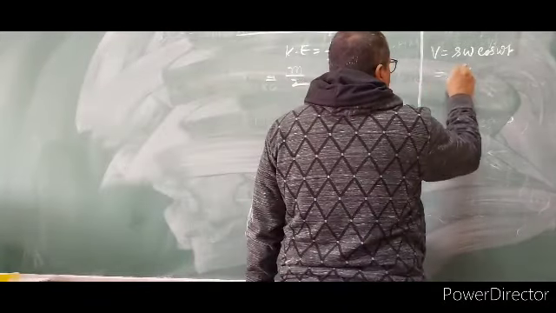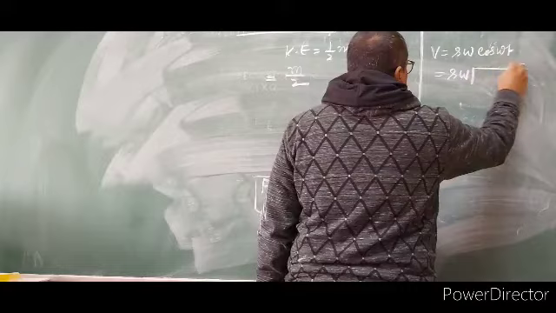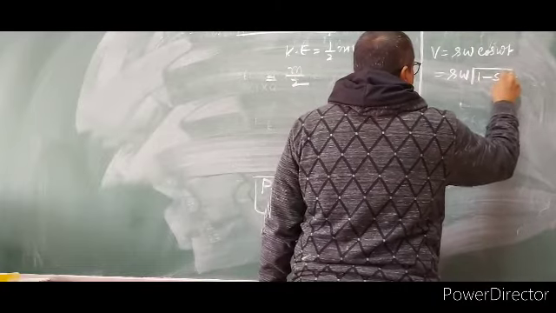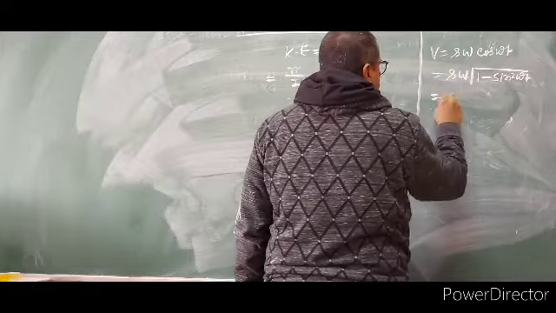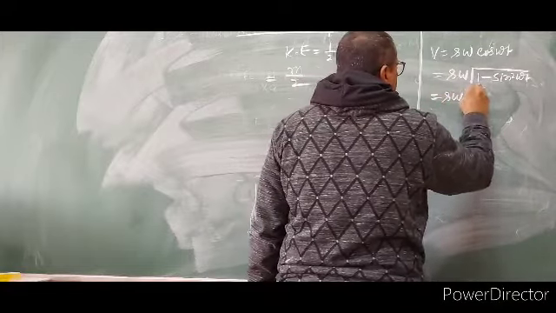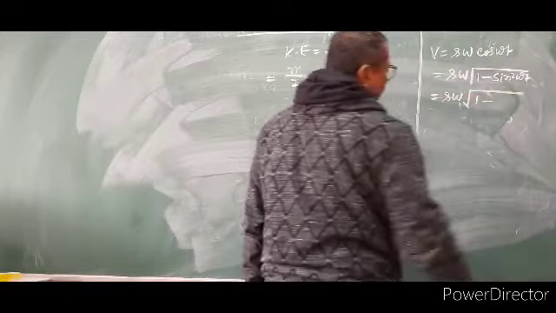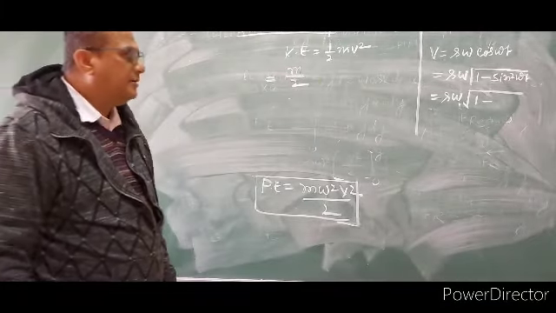In place of cos omega t, we can write the square root of 1 minus sin square omega t, so v equals r omega times the square root of 1 minus sin square omega t.